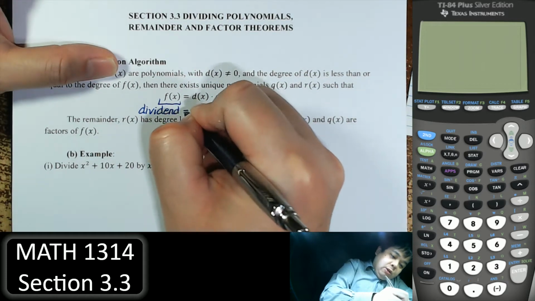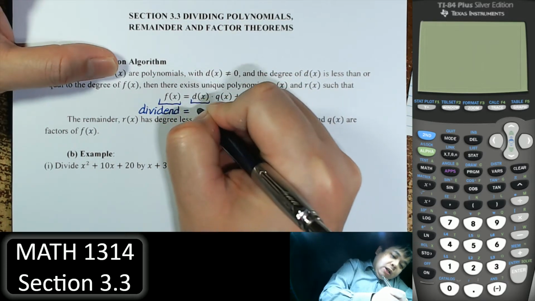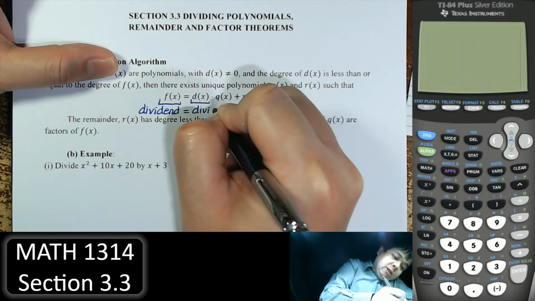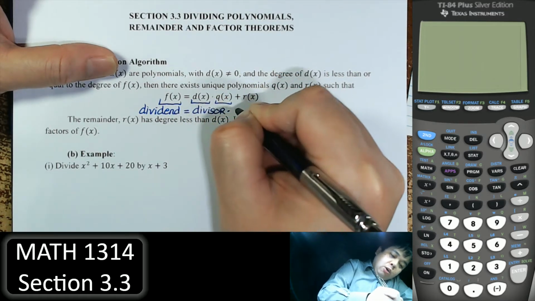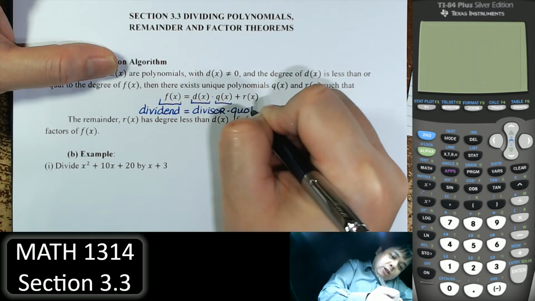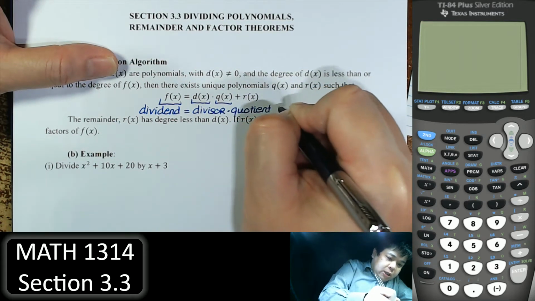equal to divisor times quotient plus remainder.